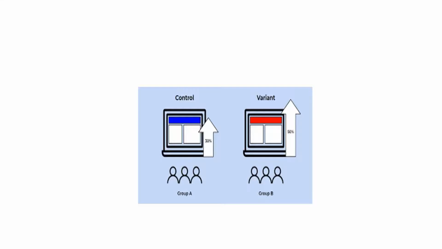So the portions we are covering here: what is A/B testing? How does A/B testing work? Statistical significance of the test. Mistakes we must avoid while conducting the A/B test. When to use A/B test.